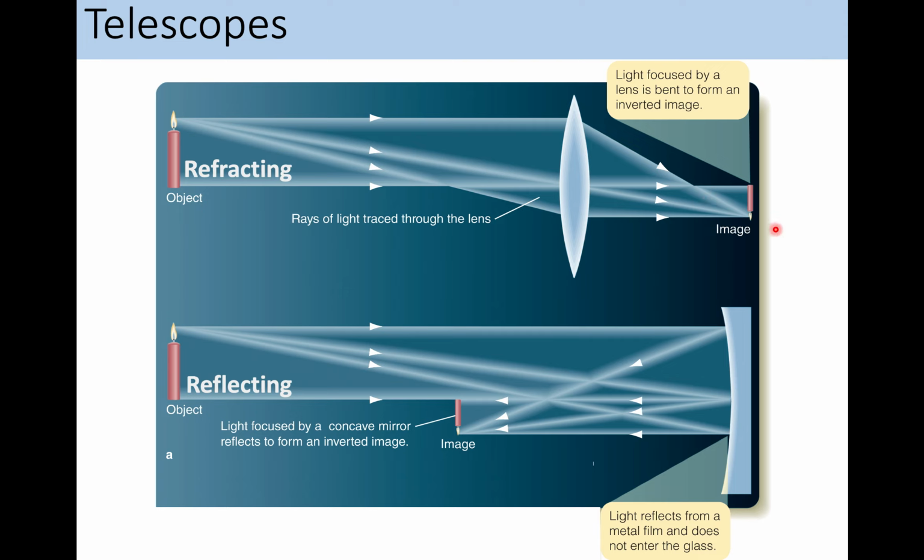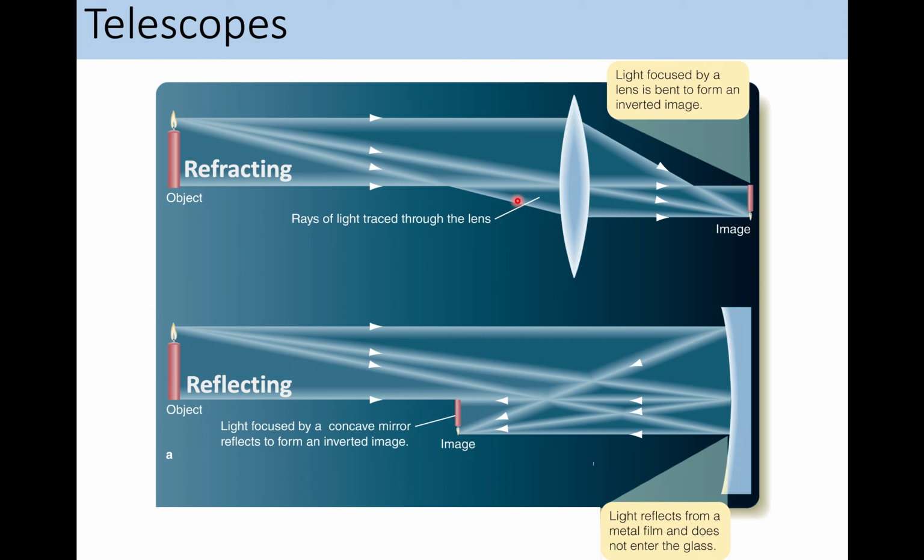Now, if you were using the reflecting technique, here you still have the same candle. Here you have your mirror. So instead of a lens, it's a mirror, and it is concave. This shape here is concave. And it will reflect your image into a smaller version, but it will also be upside down.